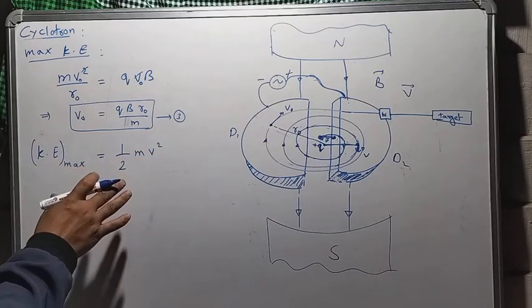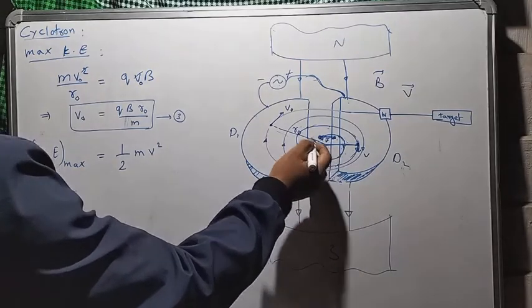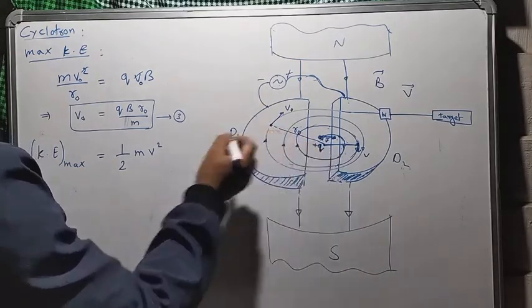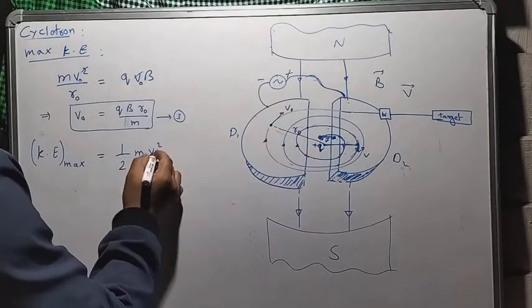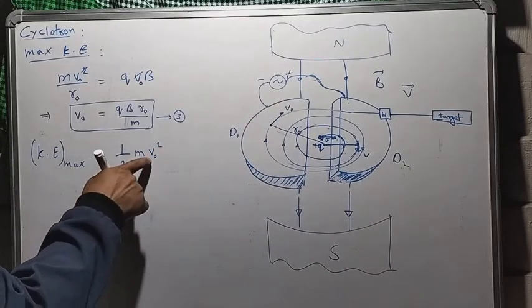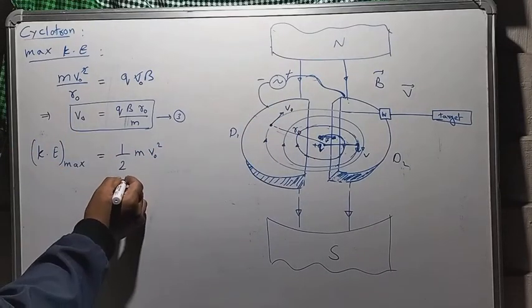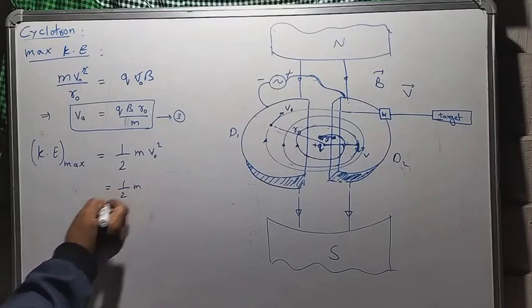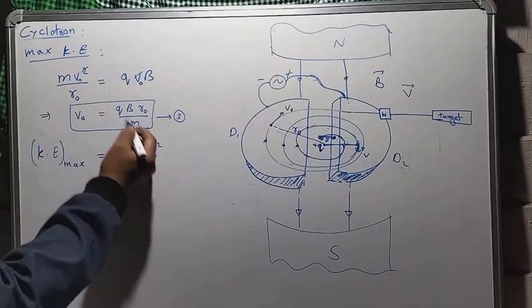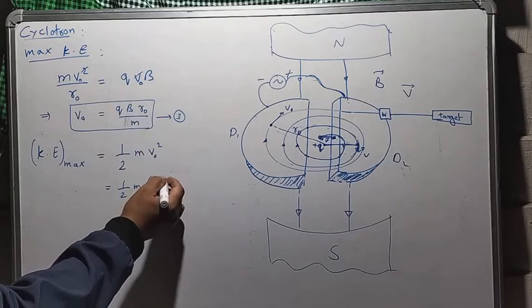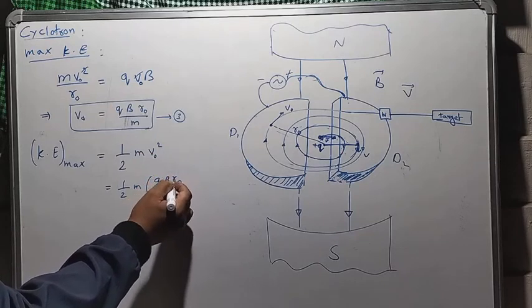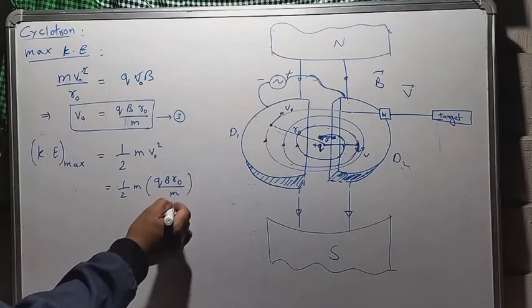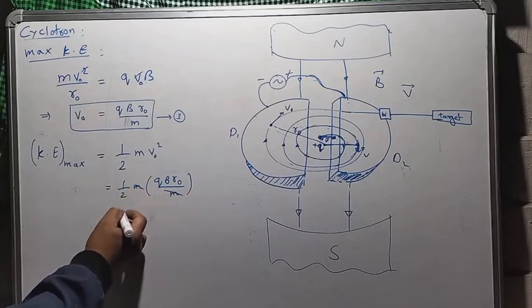But for maximum kinetic energy, the radius of the circular orbit should be r0 and the velocity is v0. So instead of v, I'll write v0, which means this maximum kinetic energy is equal to, instead of v0, now I'll write qBr0 upon m. Now this m with this m cancels.